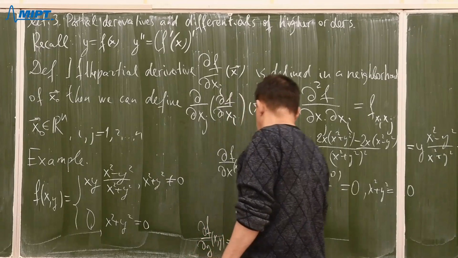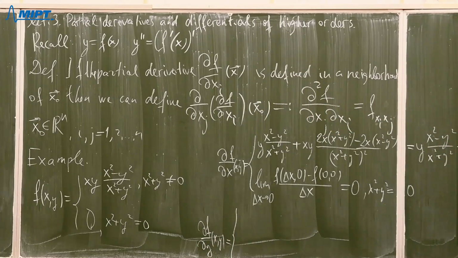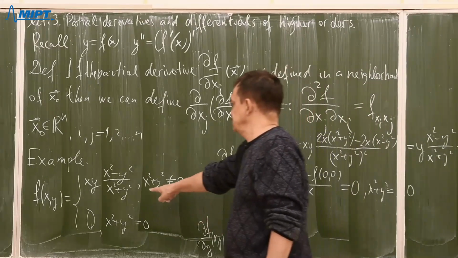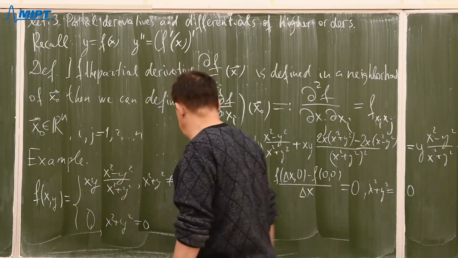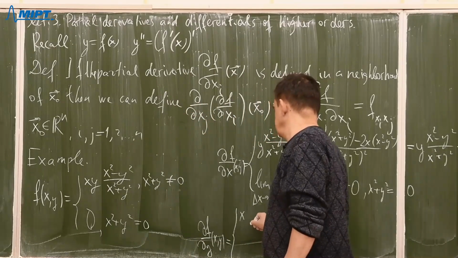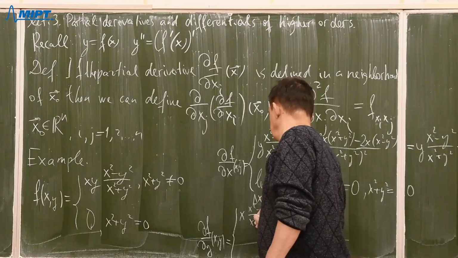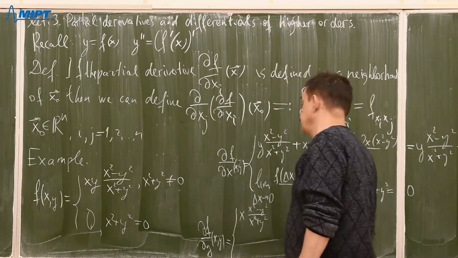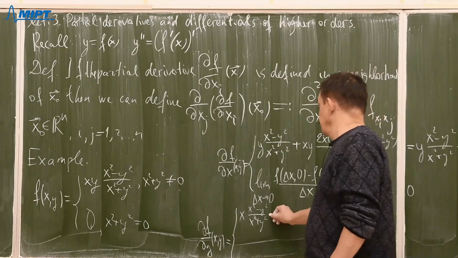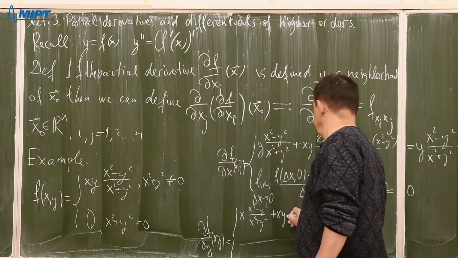Once again, we have two possibilities. So if x squared plus y squared is not equal to 0, then we obtain (x squared minus y squared) over (x squared plus y squared) plus xy.